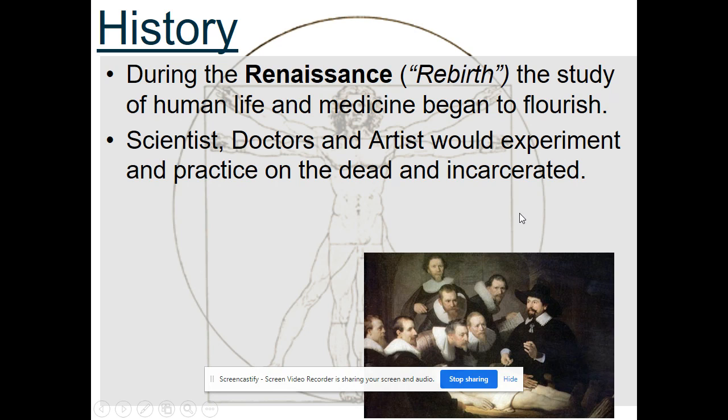That's when medicine began to really take off as communication and information was being more easily shared between communities and villages. And scientists, doctors, and artists would experiment on the dead, or sometimes, unfortunately, the incarcerated. The most violent offenders that were locked up in jail, sometimes they would experiment on them. But that's kind of how they learned all of the structures of the body, by dissecting dead people mostly.